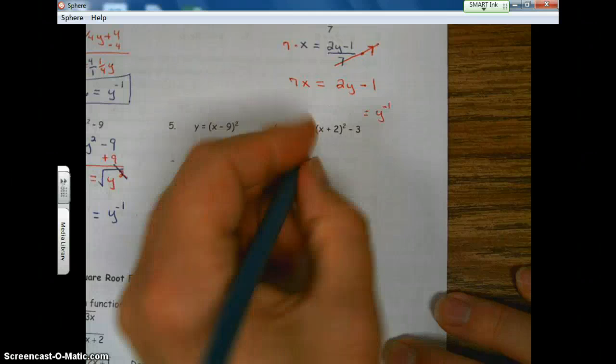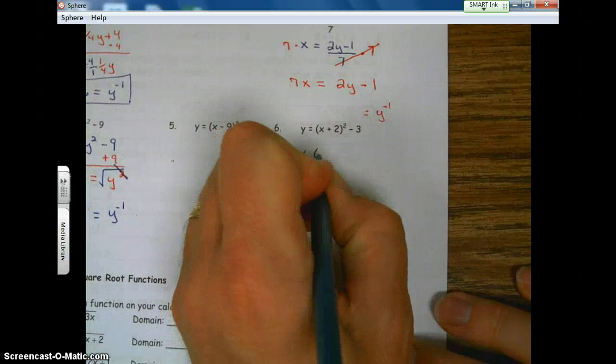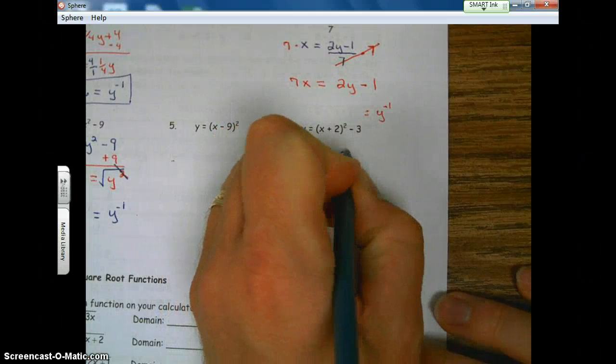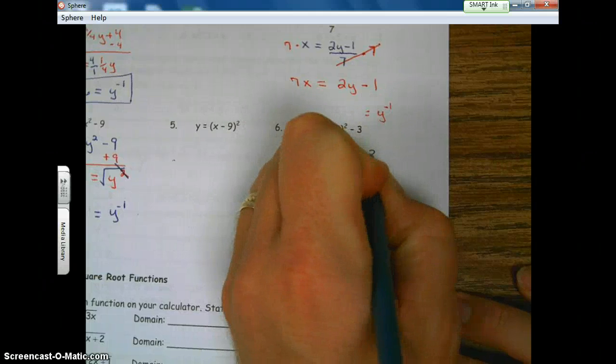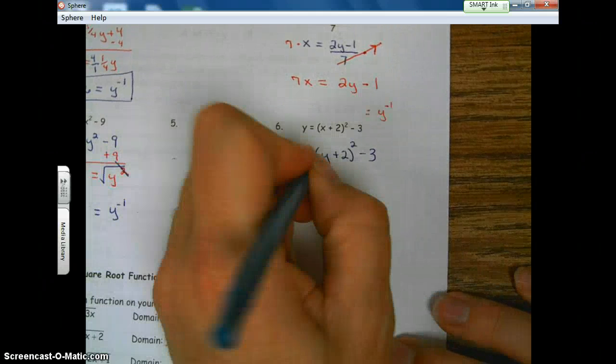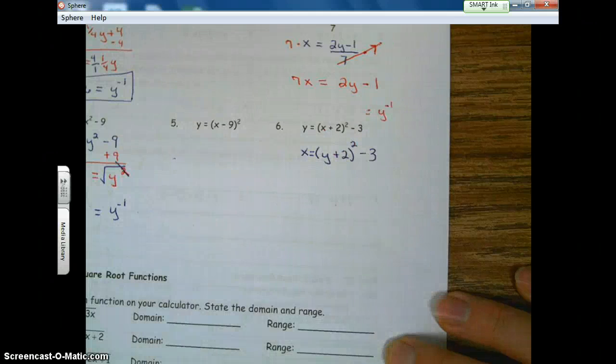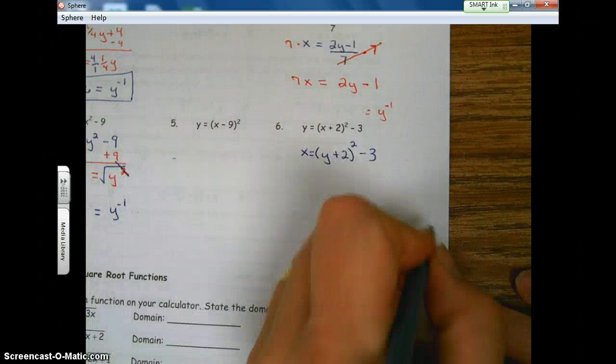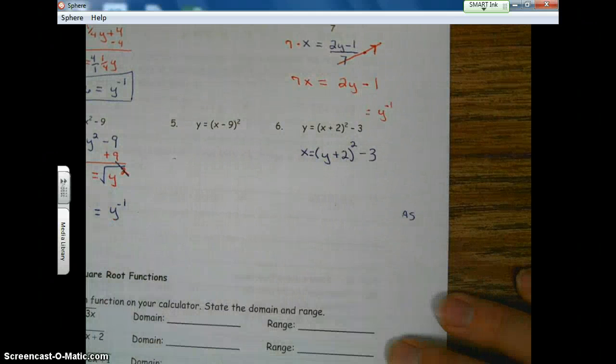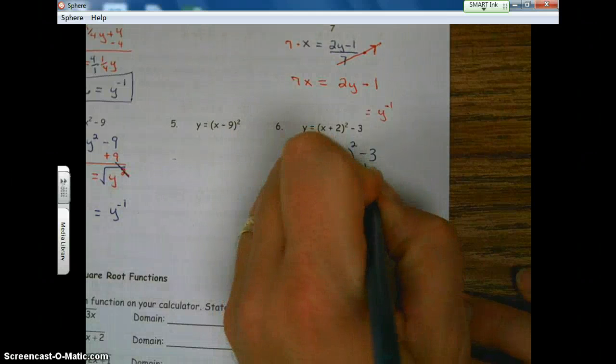Switching the x and the y. Whoops, forgot the equal sign. Okay, solving. Remember, we undo adding and subtracting first. So we're going to undo the minus 3.